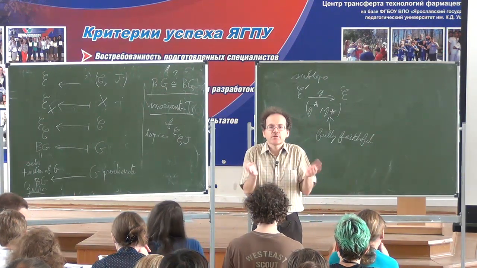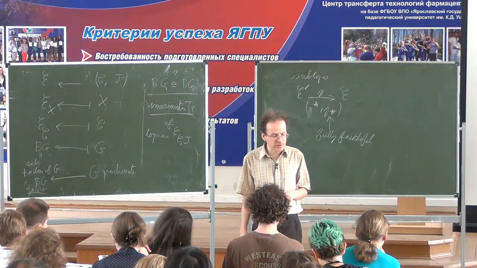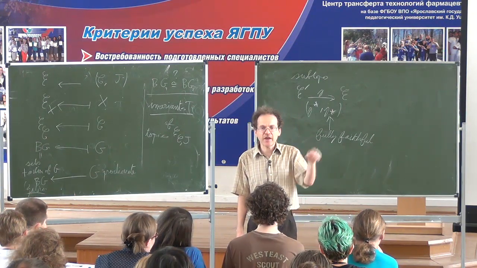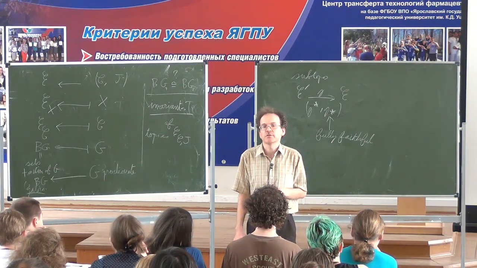For people here who know algebraic geometry, a very important derived invariant consists in the trace of the Frobenius endomorphism acting on cohomology.